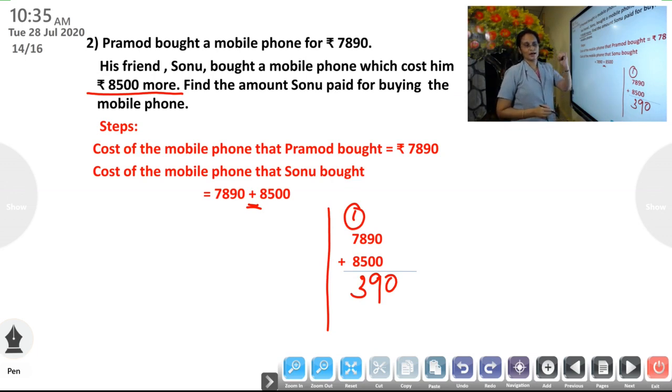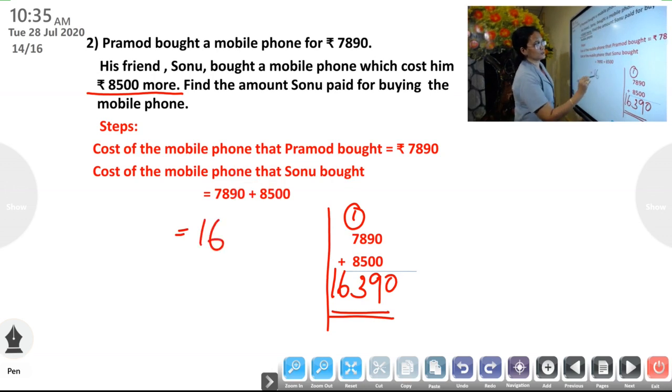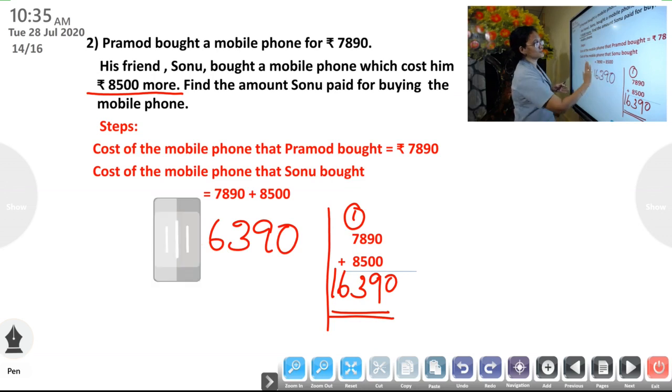So 8, then 9, 10, 11, 12, 13, 14, 15 plus 1, 16. So how will you read this number? It is 16,390.